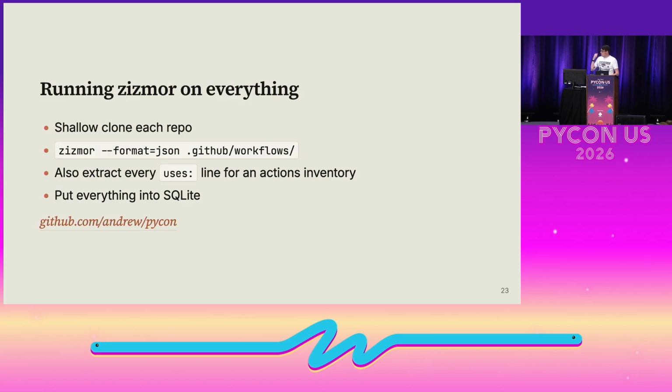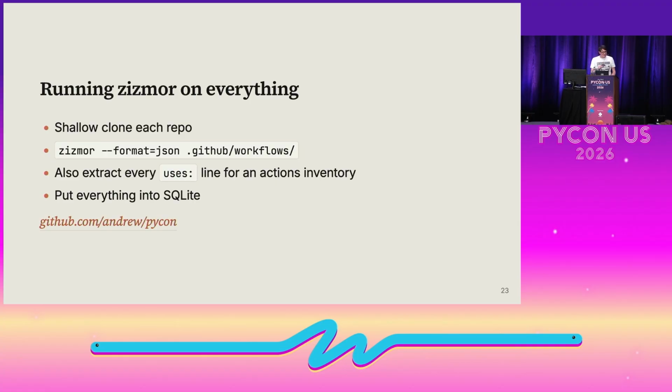I went through all of these, ran zizmor, and output it into a JSON file. I also indexed all of the different uses so that I can see the most used third-party and first-party actions across all of these workflows. And I put everything into a SQLite database. I have it all up on GitHub as well so that you can go and check it out and find all kinds of interesting problems over there.